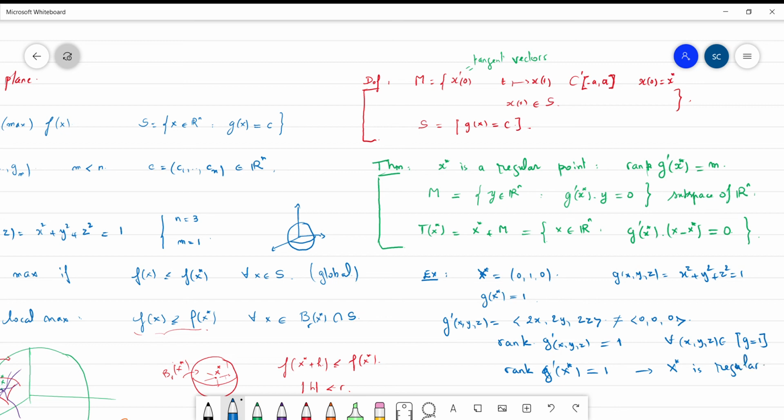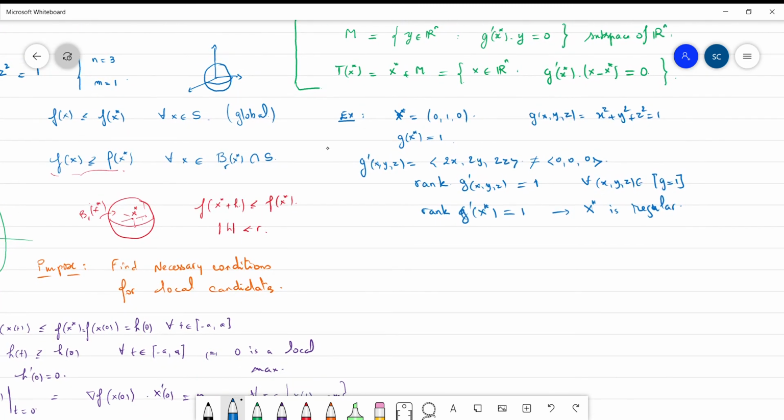So let's see what the tangent plane looks like.